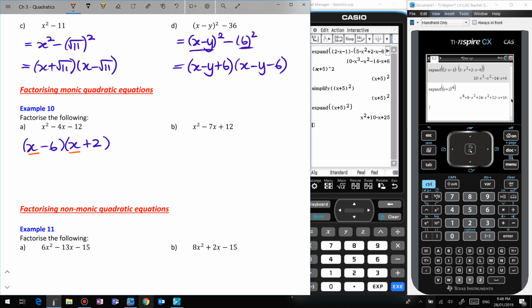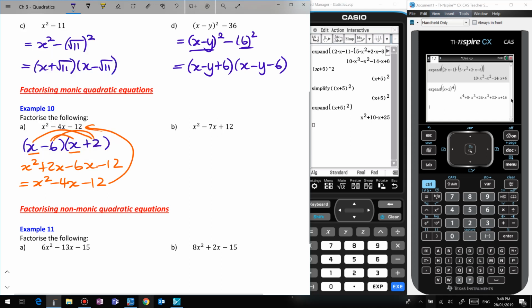X times x is x squared. FOIL, so first, outside, plus 2x, minus 6x, minus 12, x squared, minus 4x, minus 12. We're back to the original. So we know we did it right.